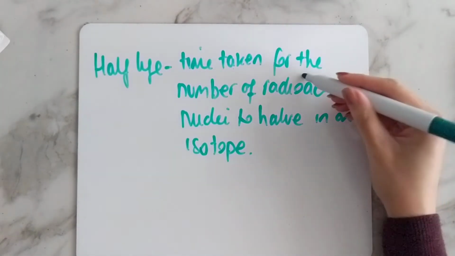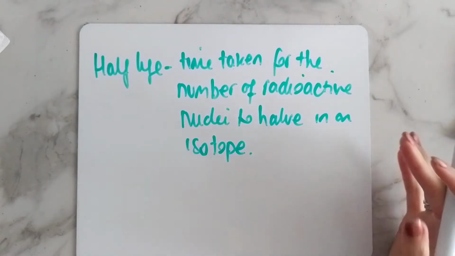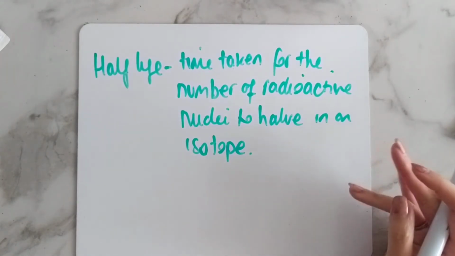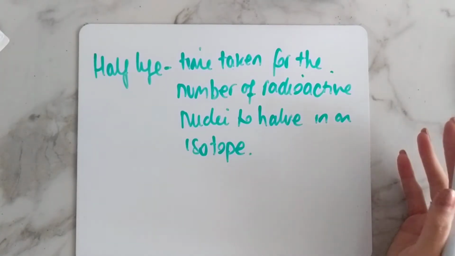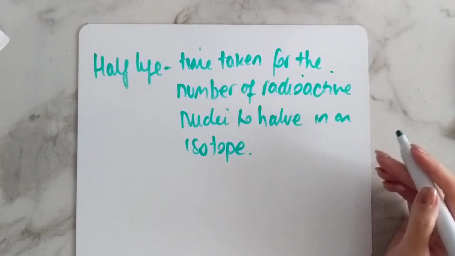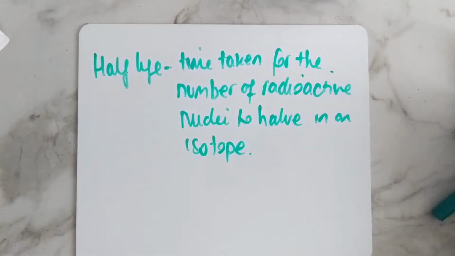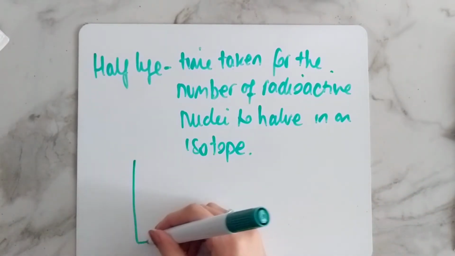So remember, nuclear radiation, for instance, isotopes are very unstable. So they're decaying, you're losing alpha, beta, etc. quite often throughout time because of this instability. So that's half-life then.